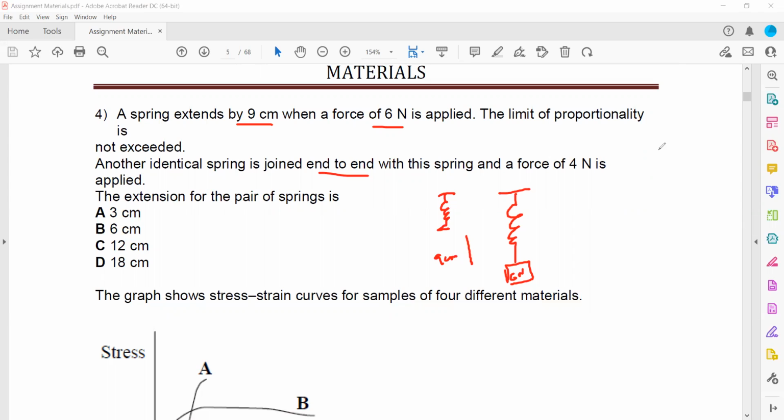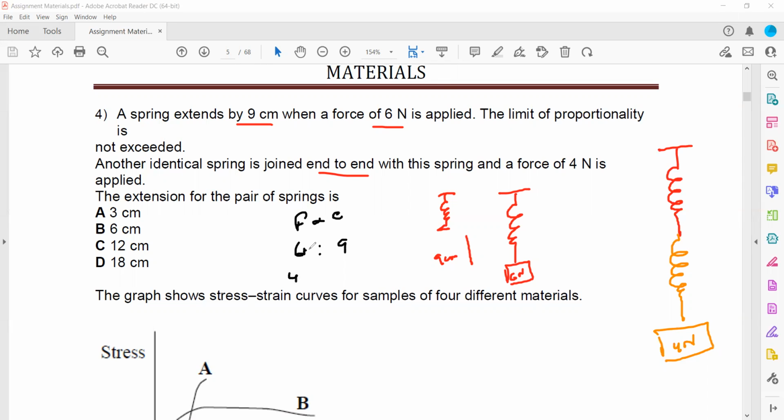Now what we did, we connect two identical springs end to end. This is spring 1, this is spring 2, and we connect them end to end and we attach a 4 Newton. Now we know force and extension are directly proportional. If there is a force of 6, it was producing 9 centimeter extension.